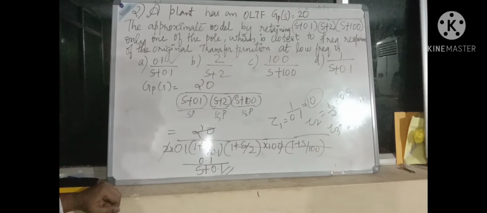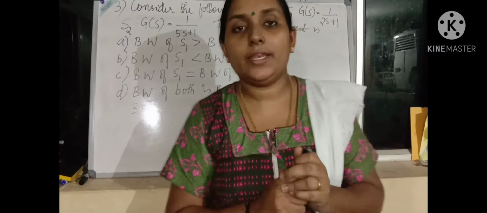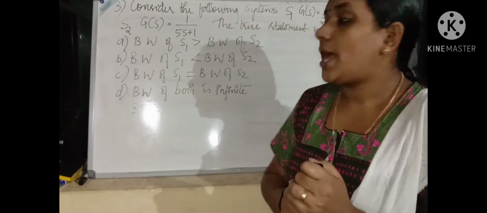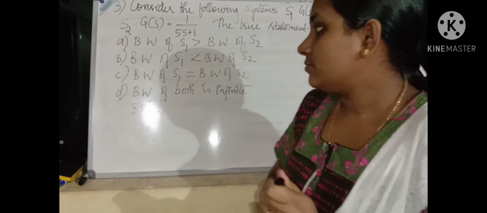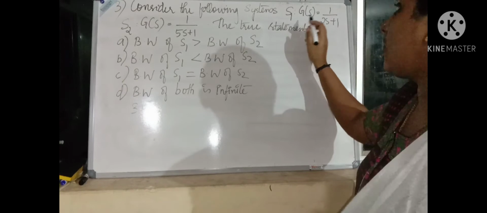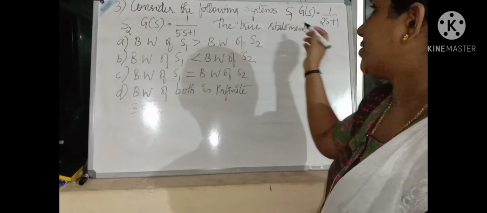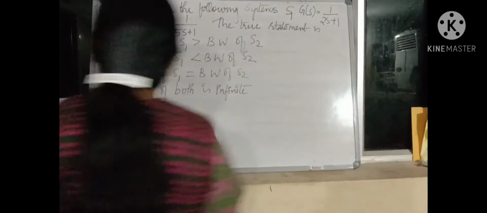Okay, all clear? Yes. This is another question which has been asked in the GATE examination. Here see, consider the following system S1. Two systems are given and the transfer function G of S is equal to 1 by 2S plus 1.